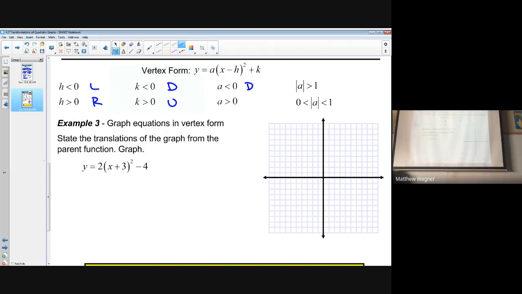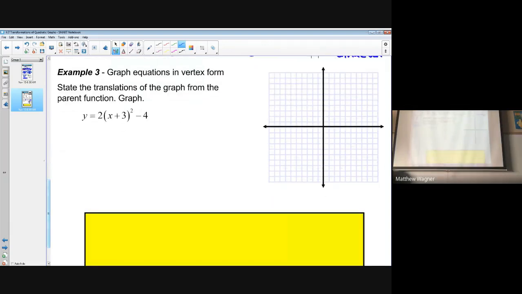If our A value is greater than 0, it opens up. And then these last two: if it's bigger than 1, it's a vertical stretch, or if you said narrower, that's fine. If you want to say shrink vertically, or maybe flatter, it's kind of like somebody sat on your parabola and made it wider, that would be acceptable to say there as well.